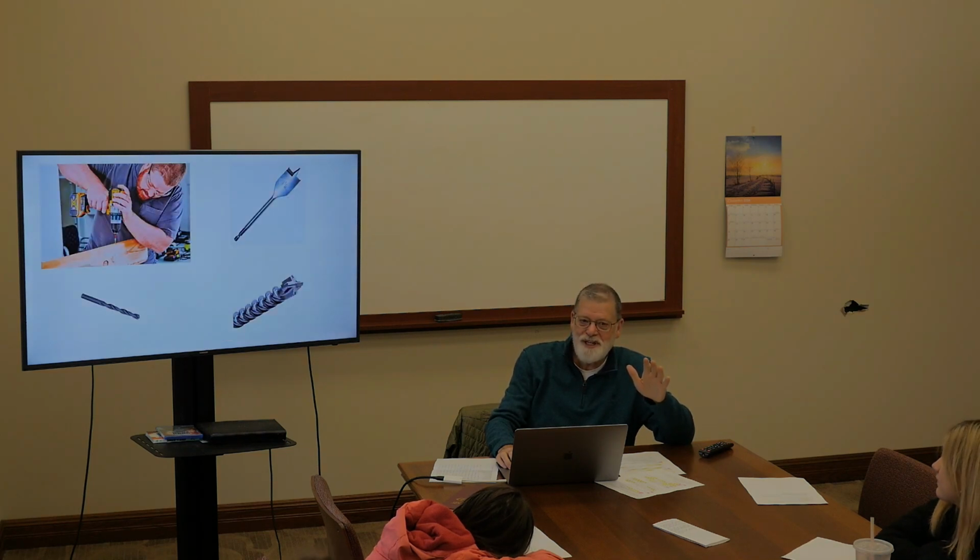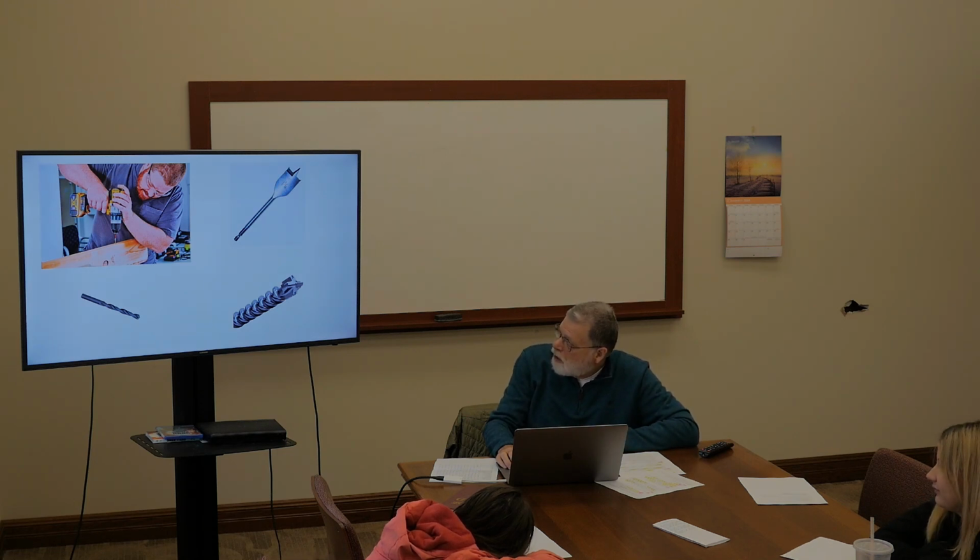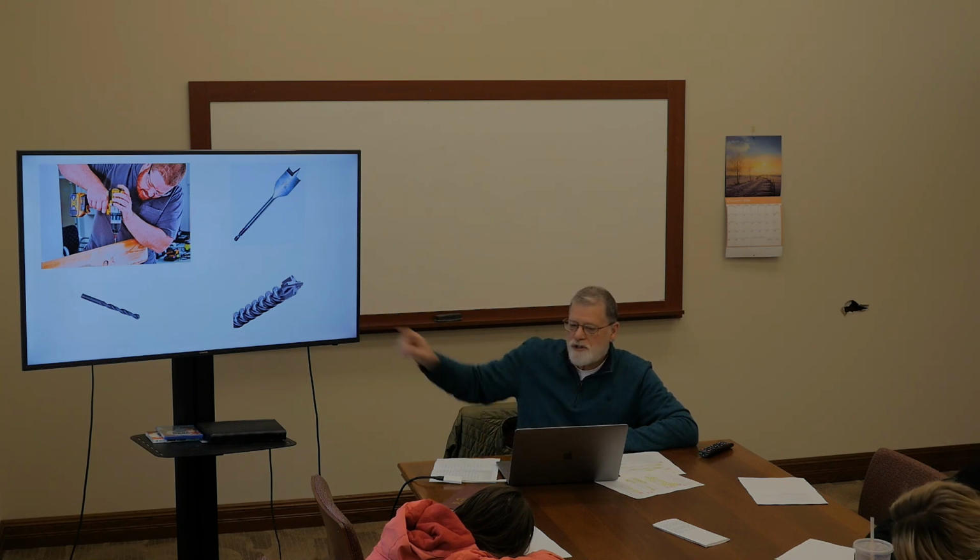I want you to be able to see this in a minute when we watch this video. And then it evolved into different kinds of bits so that some of them could do wood and some of them could do bigger things, some of them could do concrete.